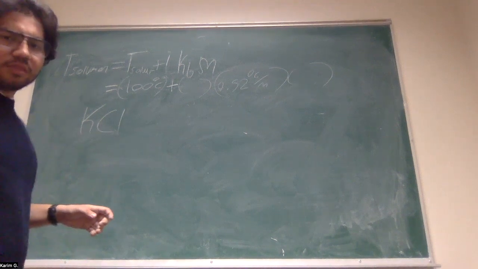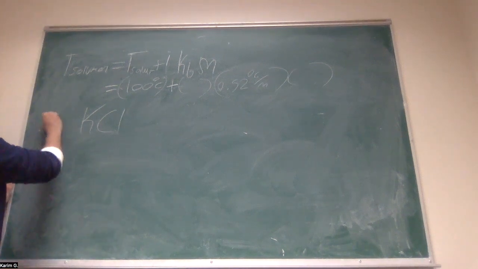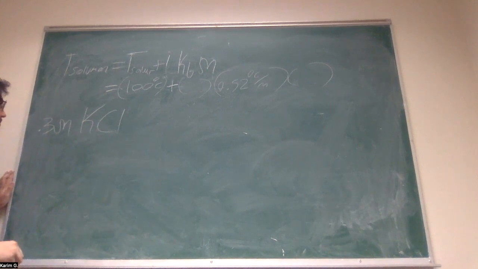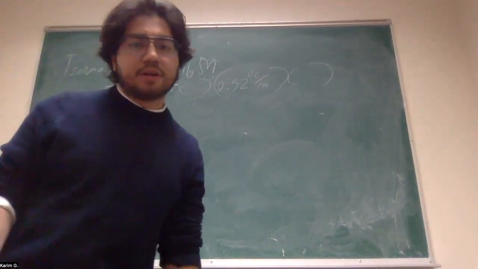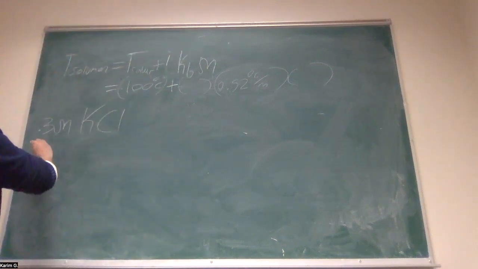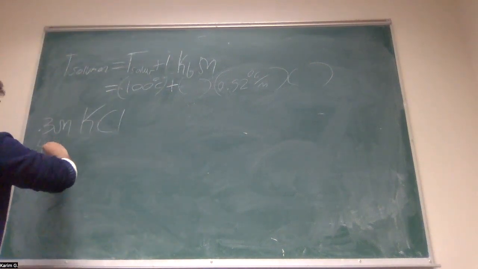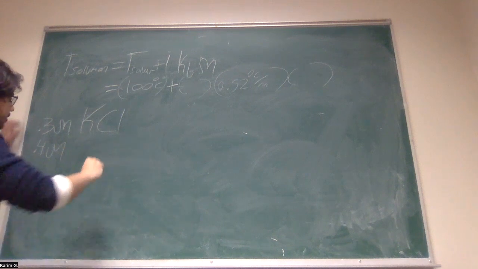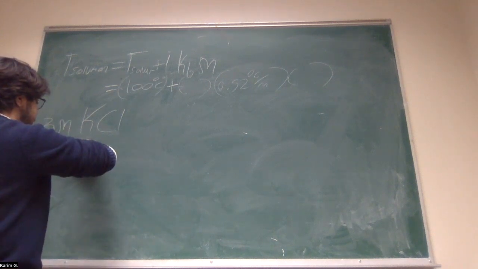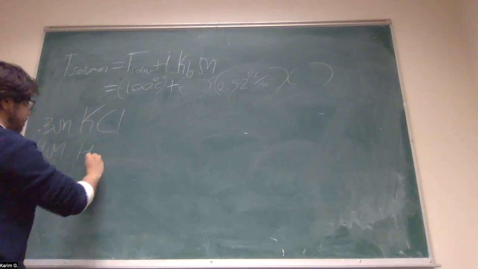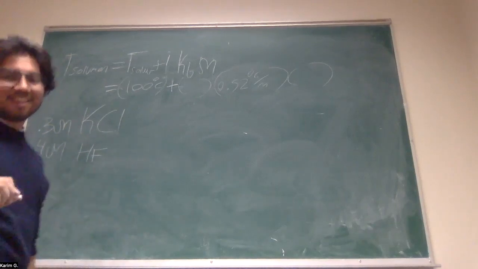We're given 0.3 molar of KCl. We're given 0.4 hydrofluoric acid. What's hydrofluoric acid? HF. Okay.